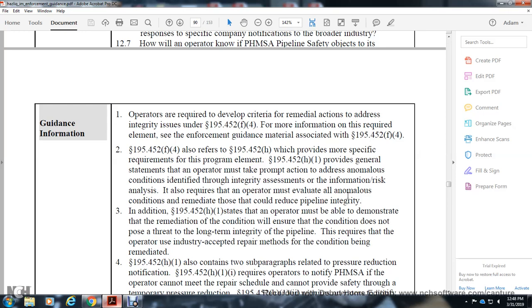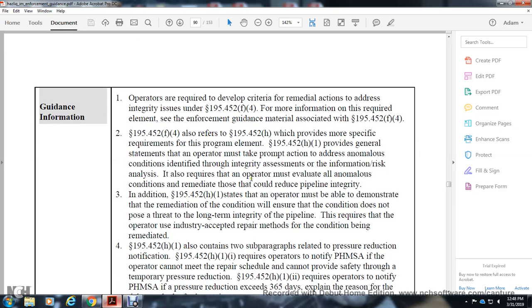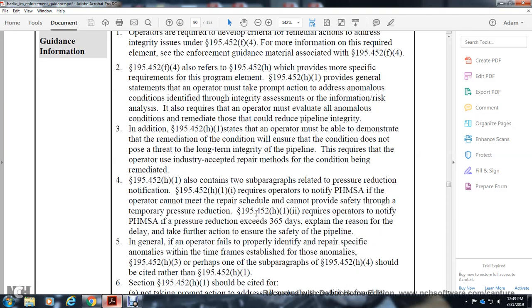The operator must evaluate the anomalies and conditions that can reduce pipeline integrity. Additionally, as stated in 195.452(h)(1), the operator must be able to demonstrate the remediation of the condition, ensure the condition does not pose a threat to the long-term integrity of the pipeline, and the industry must accept the repair method of the condition remediated. 195.452(h) also contains two subparagraphs related to the pressure reduction notification.